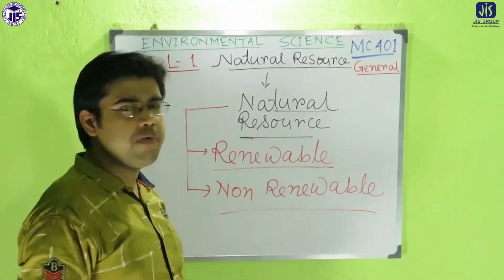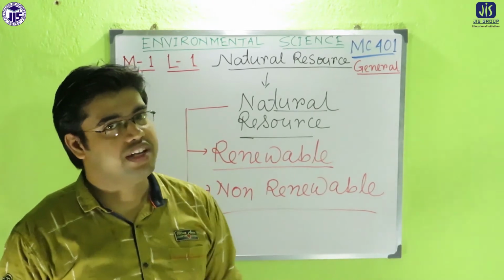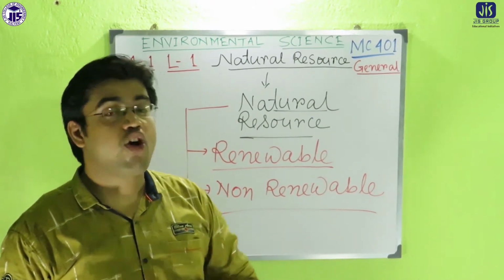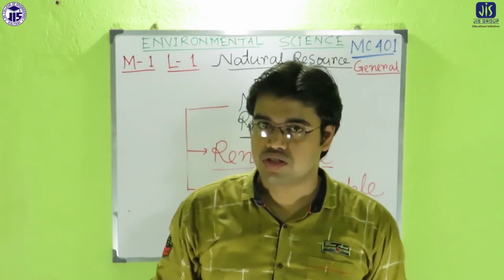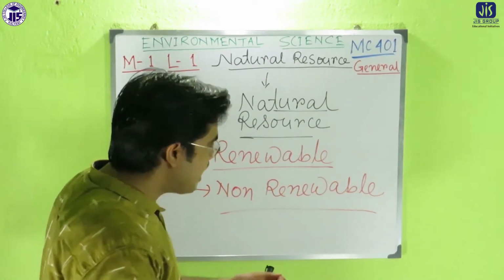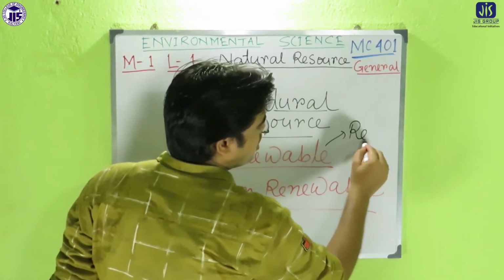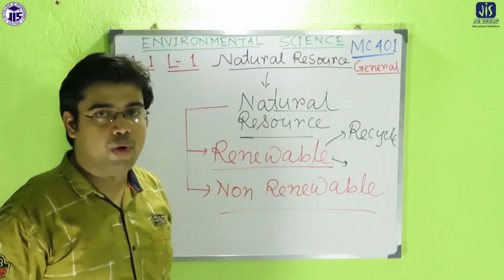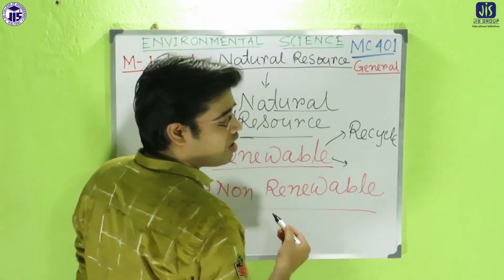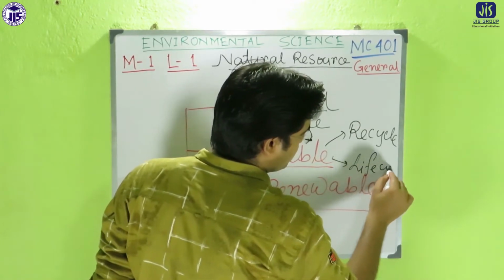Now renewable resource. What is the renewable resource? A renewable resource means which cannot be finished. That means if we use the renewable resource, either it will be recycled from time to time, or in the other way, that type of resources should have some kind of life cycle.